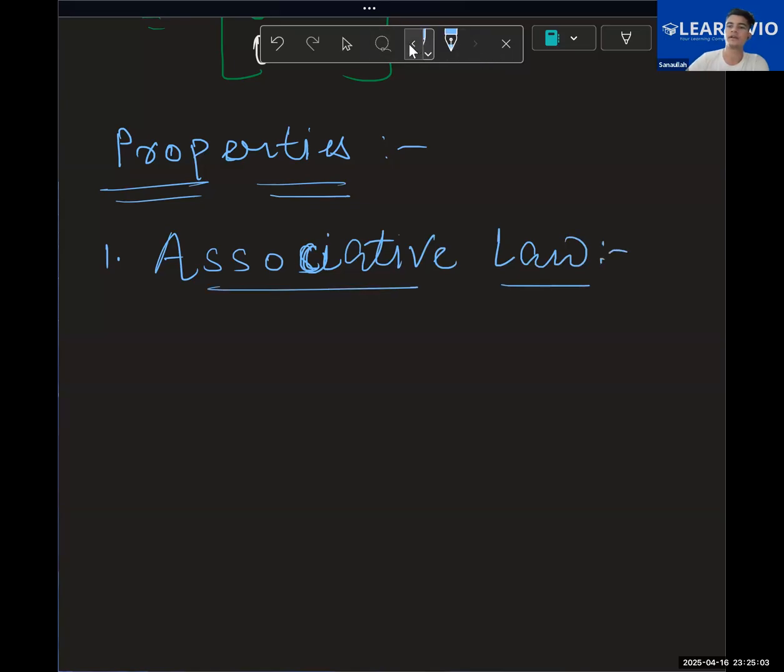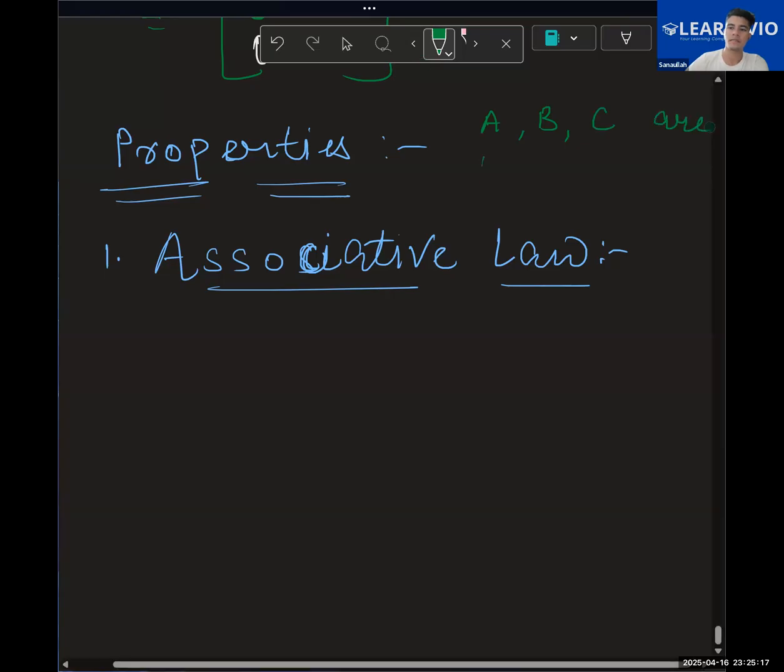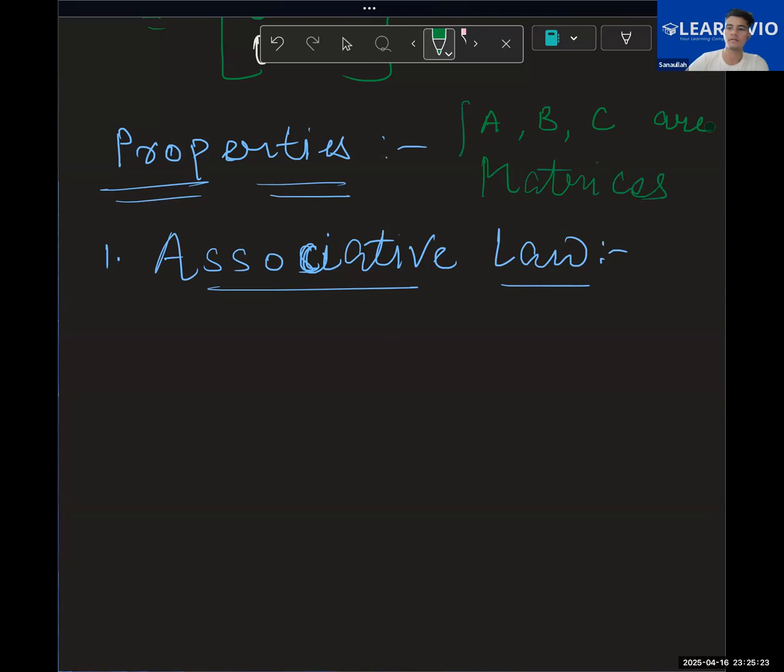So in the associative law, what we have: if we have three matrices, A, B and C are matrices. Keep this in mind, A, B, C are matrices.